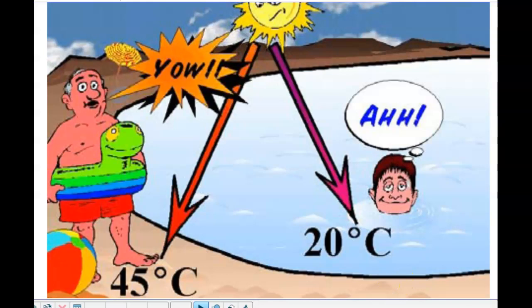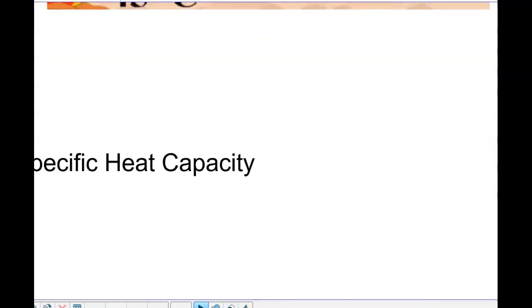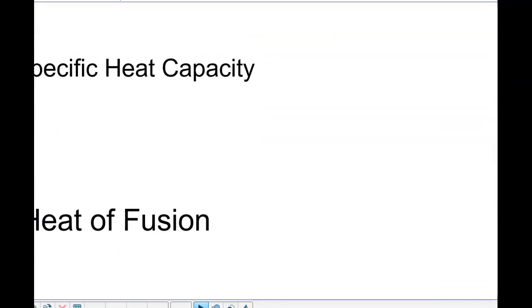All right, so hopefully you had some time to think, and we know that the sand and the water absorbed the same amount of heat, but their change in temperature was different. And this is due to a factor that is called the specific heat capacity.